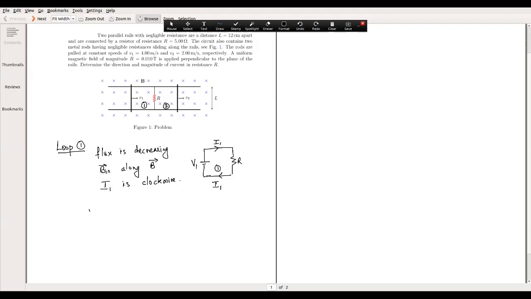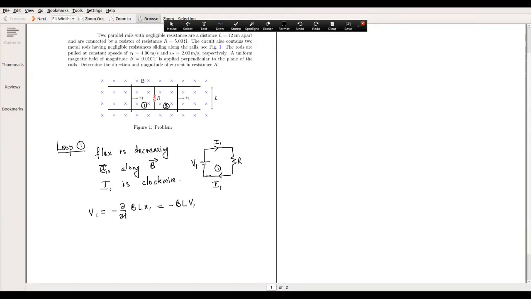We have V1 equal to the negative derivative of the flux, which is B times L times x1, which is the length of the wire between the resistance R and the rod, which is moving with velocity v1. Since x1 changes with velocity v1, the change in x with respect to time, so we have minus B L v1.